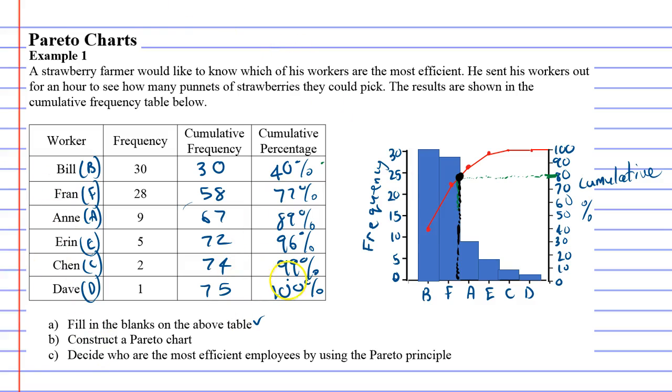So to decide who are the most efficient employees: Bill and Fran, who represent the 20% who do 80% of the work.